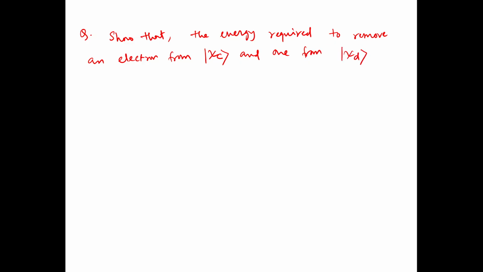So you are actually taking out two electrons from C and D. So it's a double ionization potential.